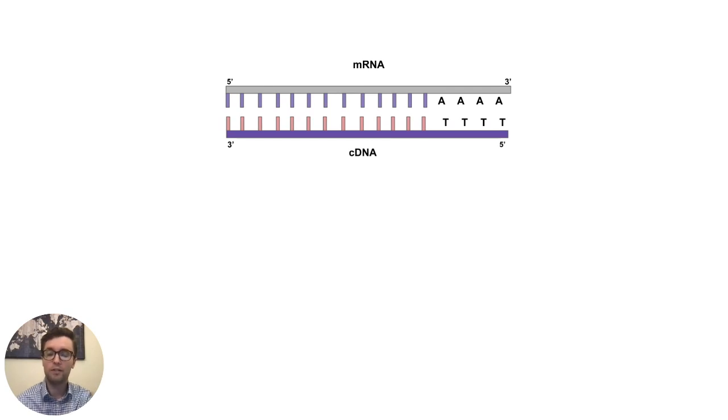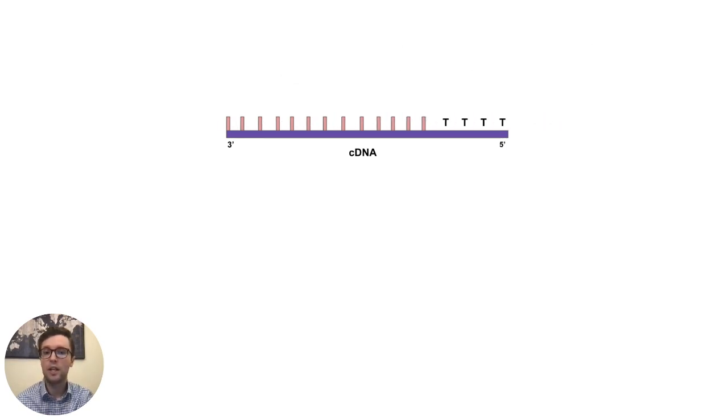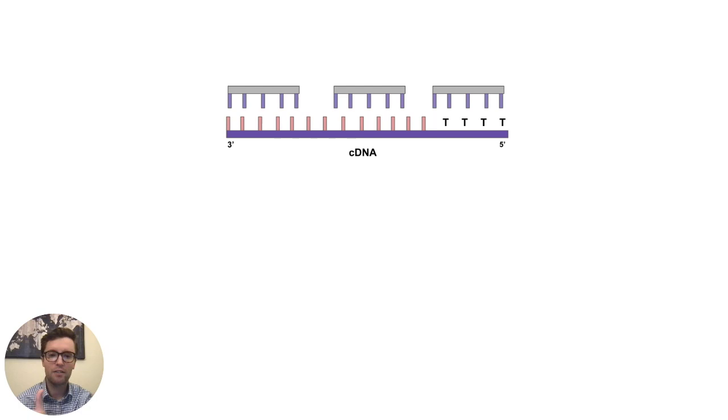One of the ways that we can effectively do that is by adding another enzyme called RNase H. This will run along the mRNA molecule and chew it up and leave some nicked strands of this mRNA remaining. Now, what we do here is add another enzyme, DNA polymerase I. This will, again, run along this single strand of cDNA and fill in the gaps of this nicked RNA and put a little bit of double-stranded cDNA.